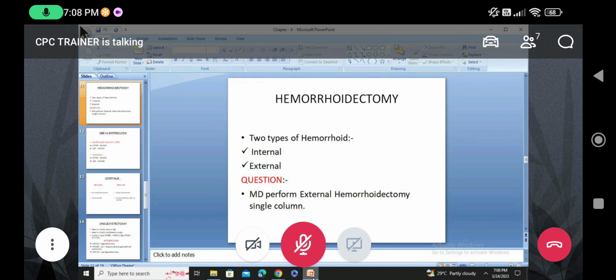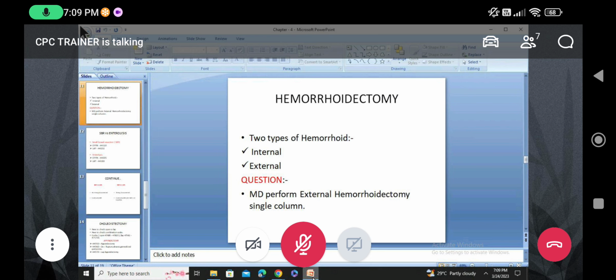Okay. So now I will give you one question, guys. You guys note down the question along with the options, and give me what is the answer for this.